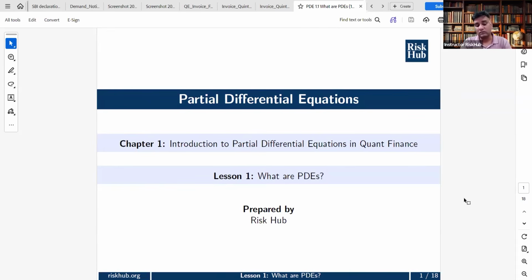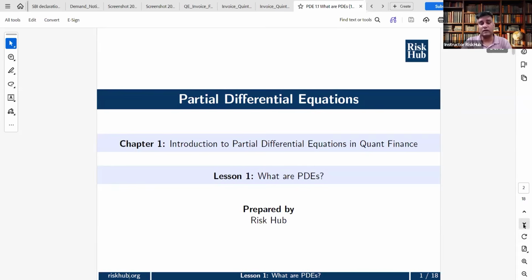For example, an option value is usually written as a function of the stock price and time. Sometimes you use your risk-neutral probability also, right? So value depends on your stock and time, right? So that is why PDEs matter in quantitative finance. Option prices, bond prices, interest rate derivatives, portfolio value functions, and risk measures often depend on multiple variables at once.